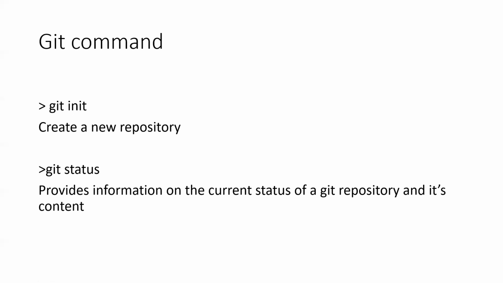If there is any stuck point or any doubt till now, you can ask me. Okay, no doubt. So in our local system, we are successfully able to create a new repository, and we can check the present status of the repository anytime with git status.